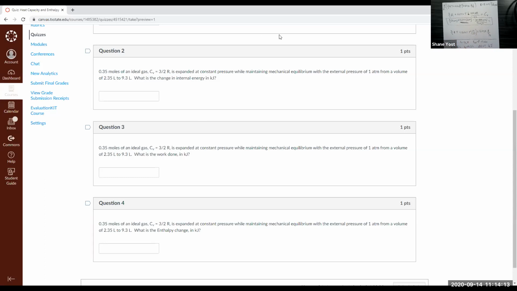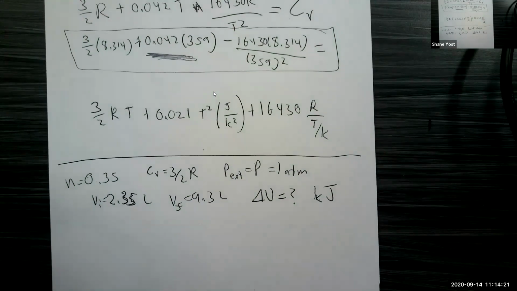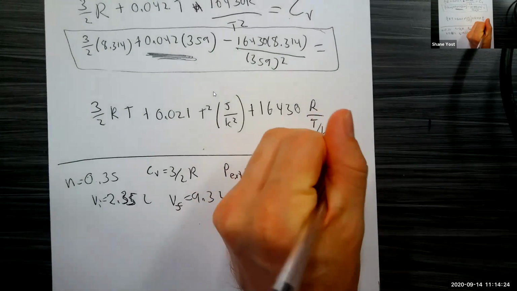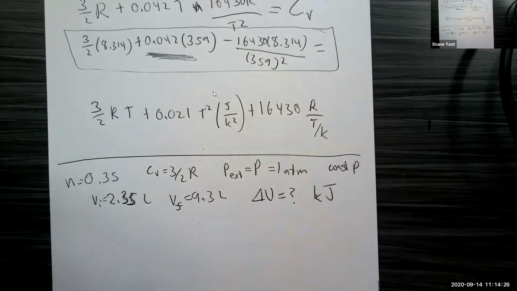So we're interested in the change in internal energy for a process where you're expanding against a constant external pressure. It's a constant external pressure expansion, but you're also in mechanical equilibrium. The example I always go to is heating up a balloon.